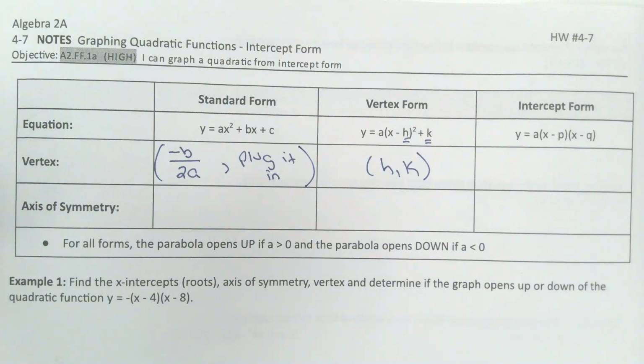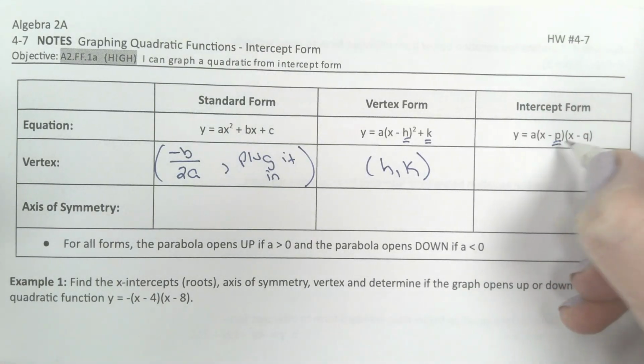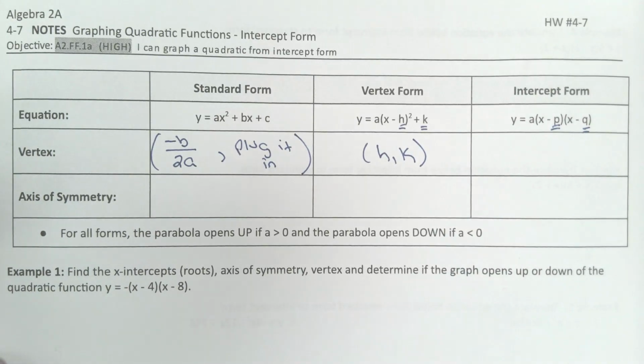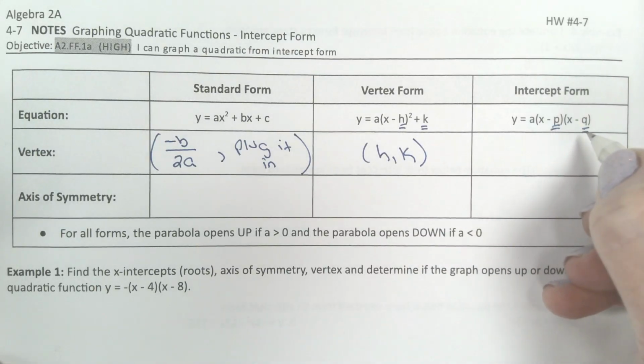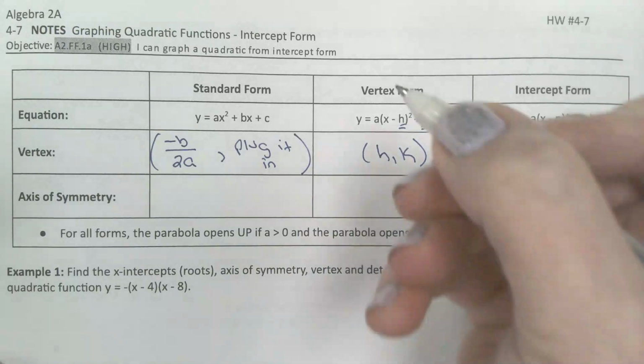All right, so we are going to work on intercept form today and what that means. So you probably don't know this one. We have this P and we have this Q. So this is like one x coordinate, and that is another x coordinate, and the vertex is halfway in between any 2 points.